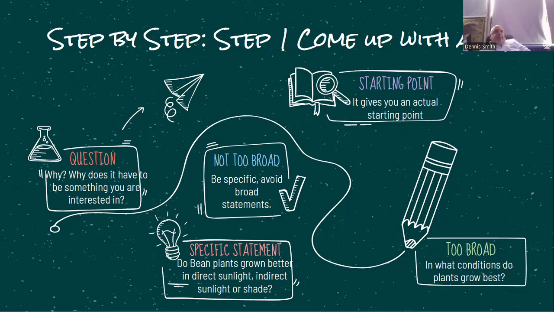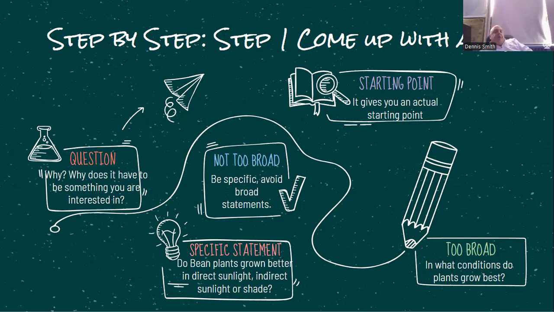So a specific statement would be in terms of growing bean plants. Do bean plants grow better in direct sunlight, indirect sunlight, or shade? That is specific. Those are answers that you'll be able to get to the end of, and say, okay, this falls in this category, this falls in this category, as opposed to being a too broad statement.